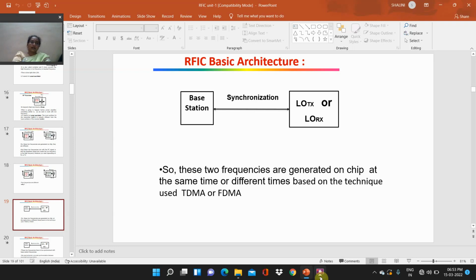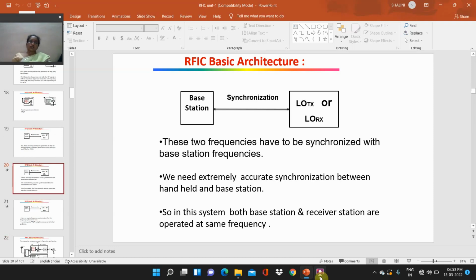These two frequencies have to be synchronized with the base station frequencies. We need extremely accurate synchronization between the handheld and the base station. In this system, both the base station and the receive station operate at the same frequency.